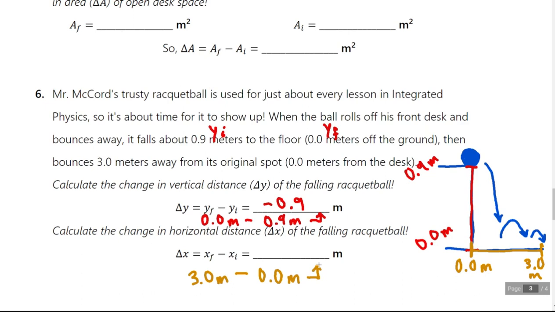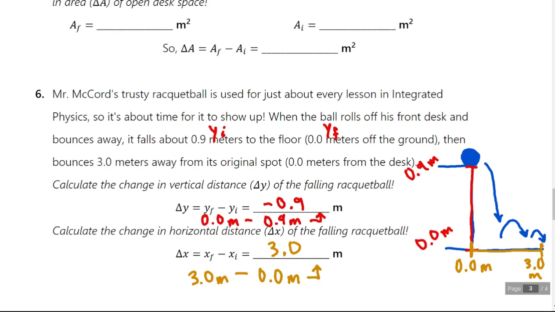Or you can say, hey, 3 minus 0 is still 3. That's way easier than doing math with numbers from some arbitrary point that I picked. I might as well pick a point that makes it easier on myself. So our ball moved 3.0 meters.